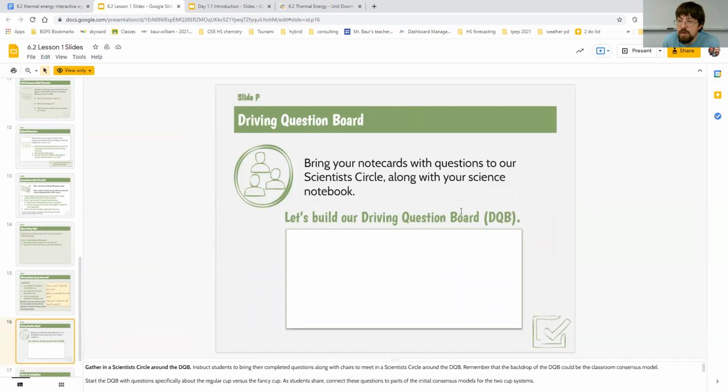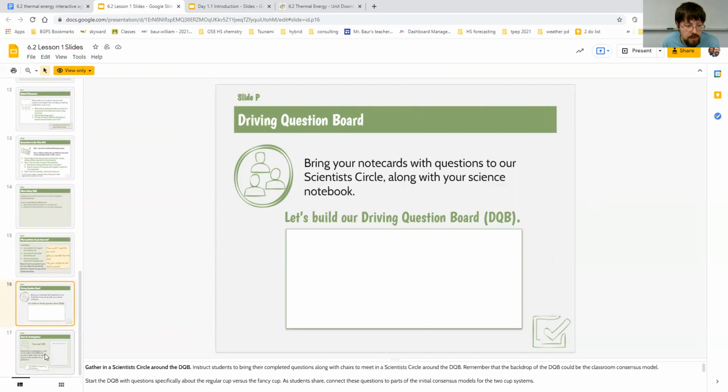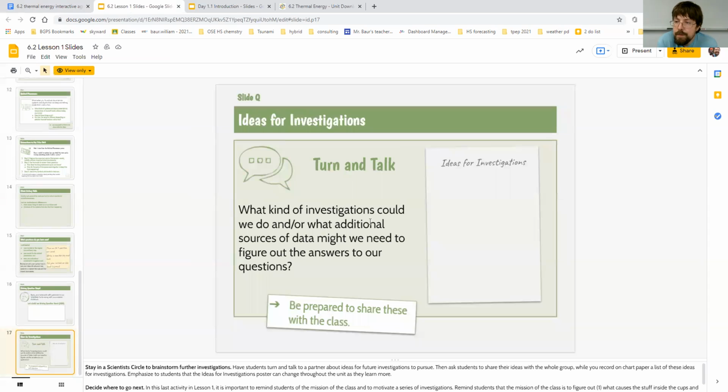Then we're going to put those questions on our driving question board, one student at a time. And eventually we'll group these questions into different subcategories.